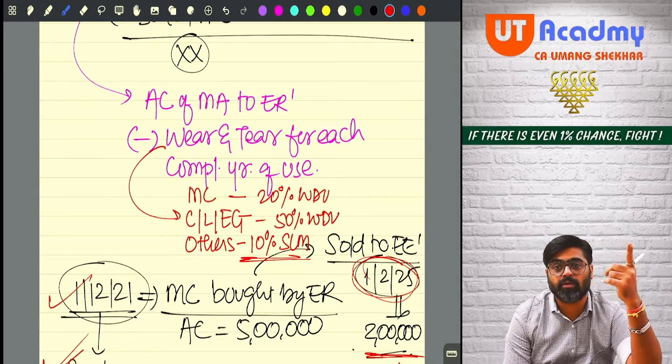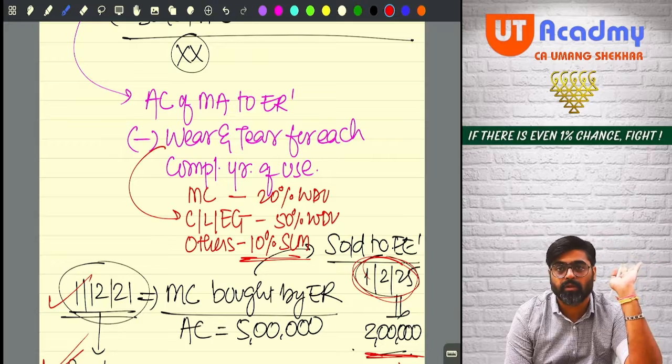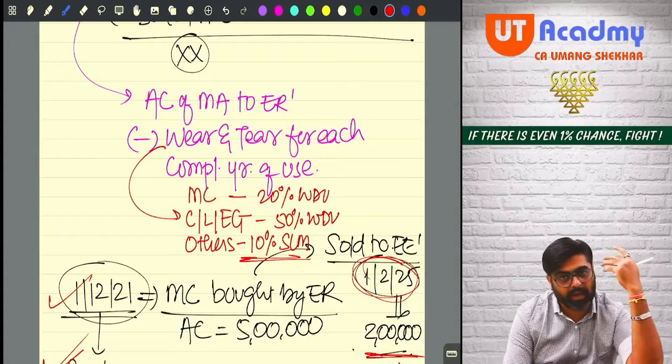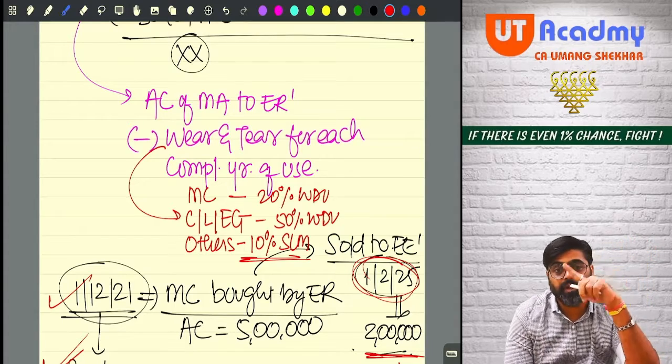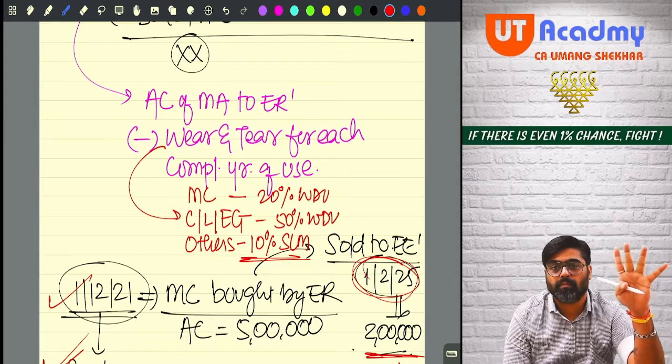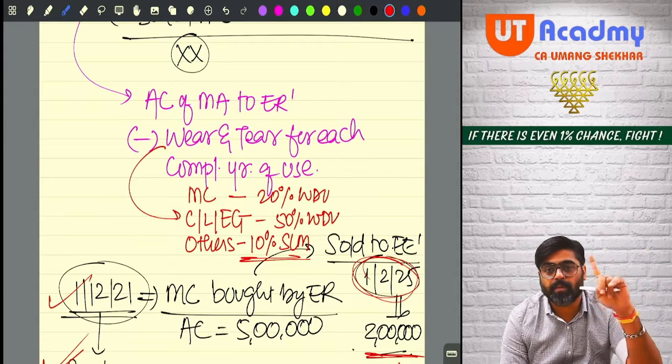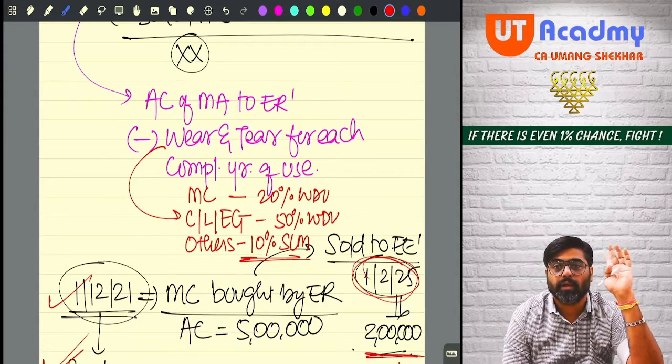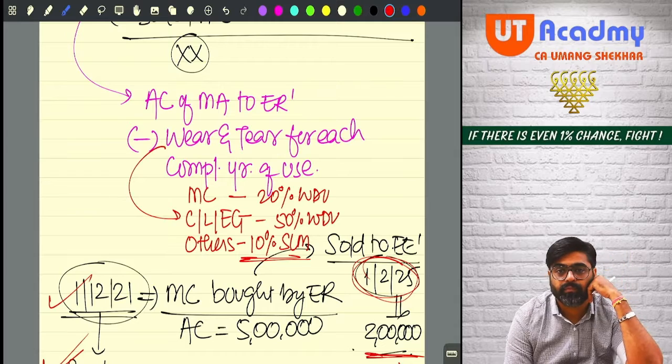And for any other asset other than computer, laptop, electronic gadget and motor car, the wear and tear will be reduced for every completed year only, but that will be reduced at 10% on SLM basis.